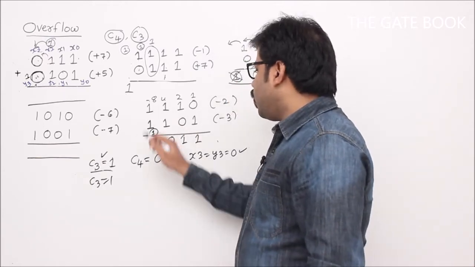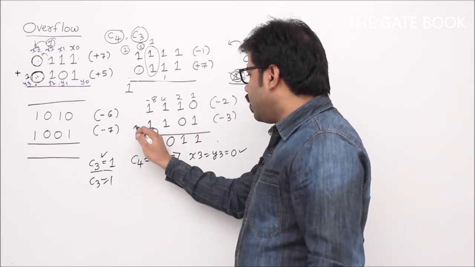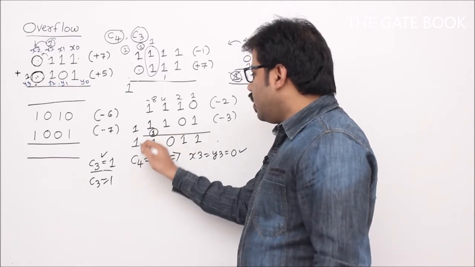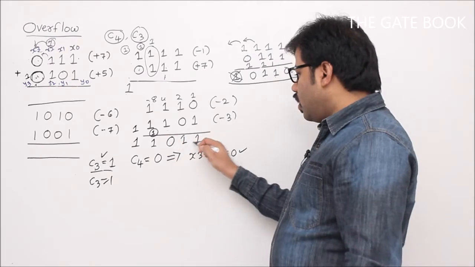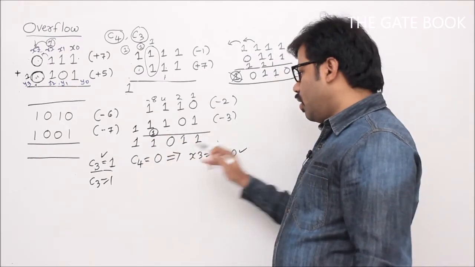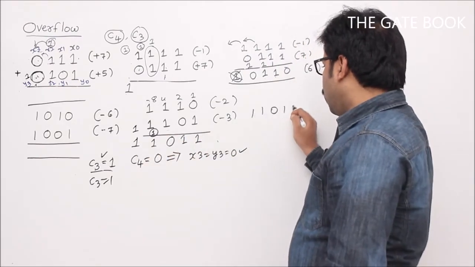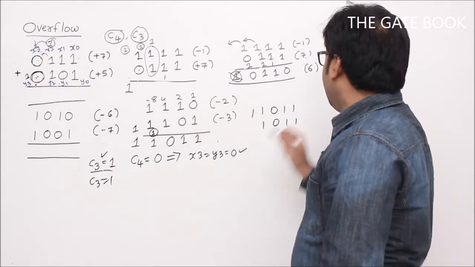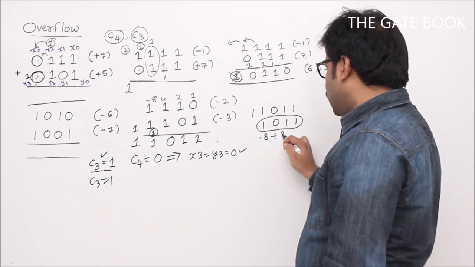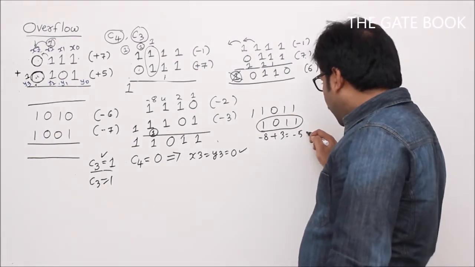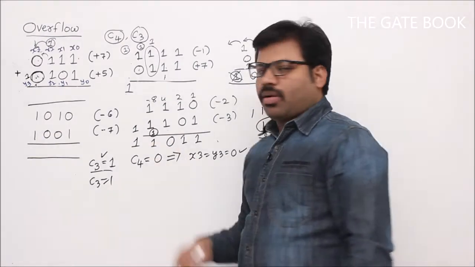So 1 plus 1 plus 1, sum is 1, carry 1. At that time still there is no problem because of the sign extension. What happens is 11011 is equivalent to 1011 first of all. So 1011 is a number, value is minus 8 plus 3, which is minus 5, representable. So there will not be any problem.